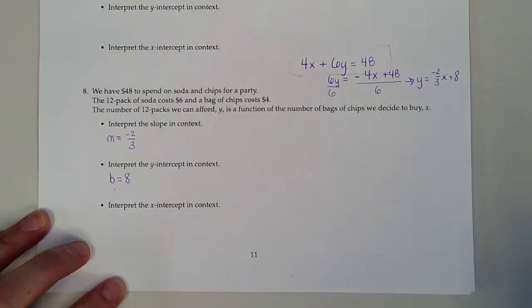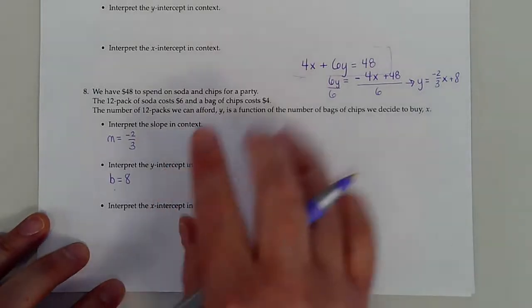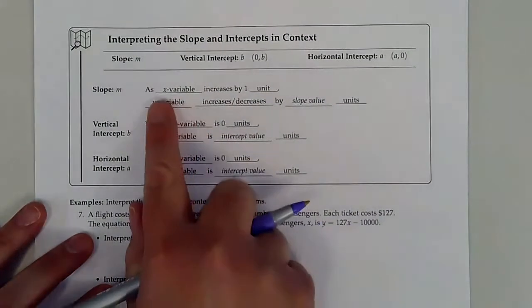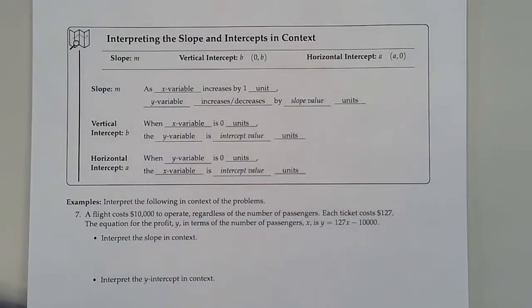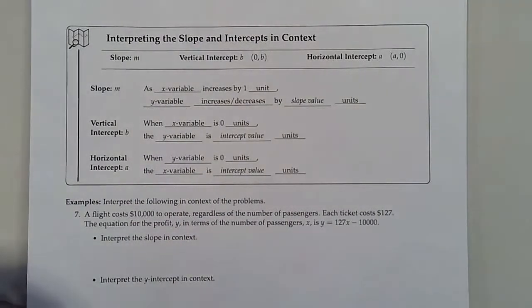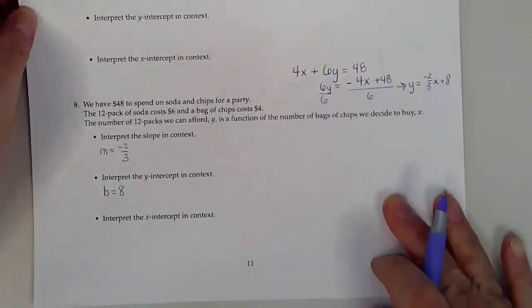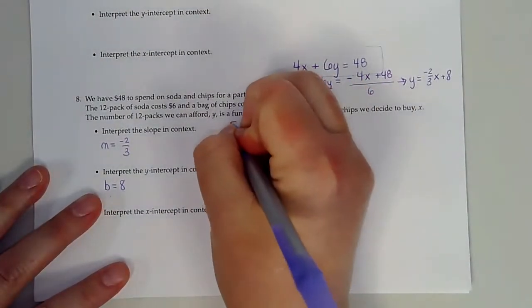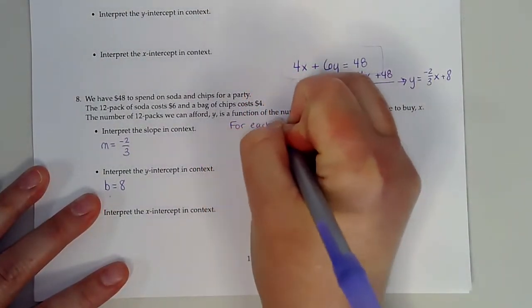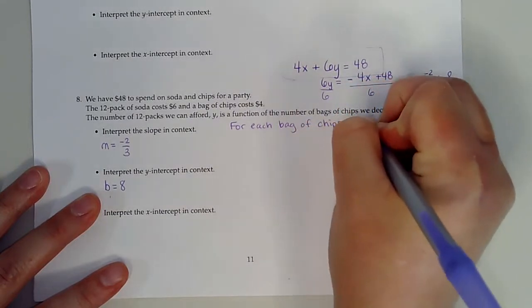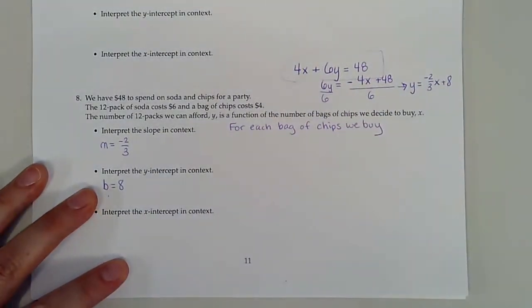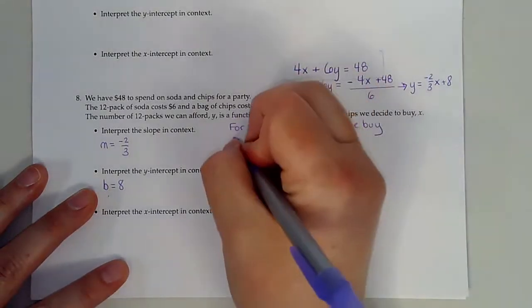So we're going to look at two interpretations of this slope because it is a more interesting one to look at. So the first one, we'll use this statement up here. As the x variable increases by 1 unit, so when we buy a bag of chips, or as the number of bags of chips we buy increases by 1, so for each bag of chips we buy, if anything along those lines is fine, the amount of soda decreases by 2/3 of a pack.